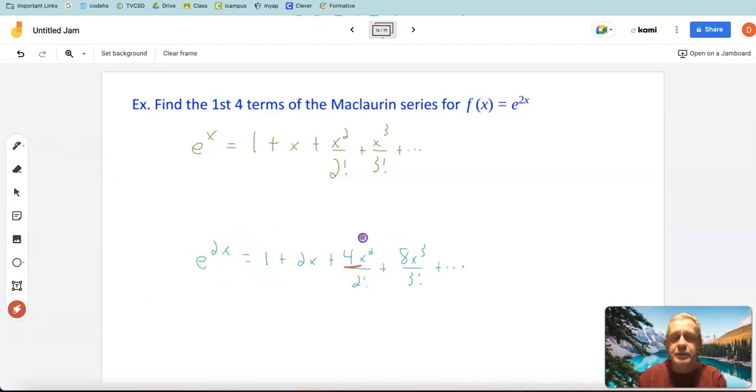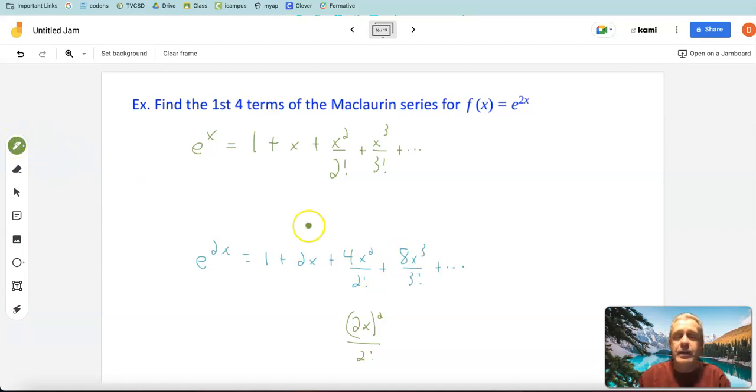And if you look at this 4x squared term, hopefully we would agree that, especially in terms of 2x, we can write 4x squared as 2x, whole thing squared, over 2 factorial. And again, I'm doing this because here this was e to the 2x, and there's the 2x being squared. And that's tying into this term in our e to the x Maclaurin series.